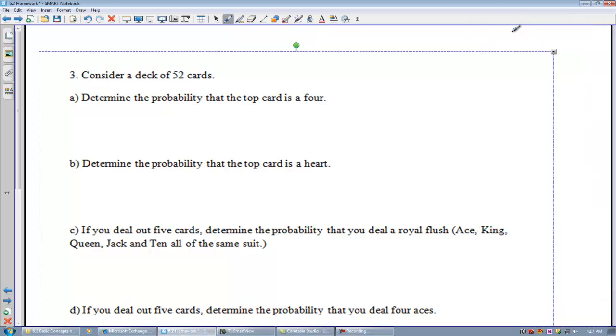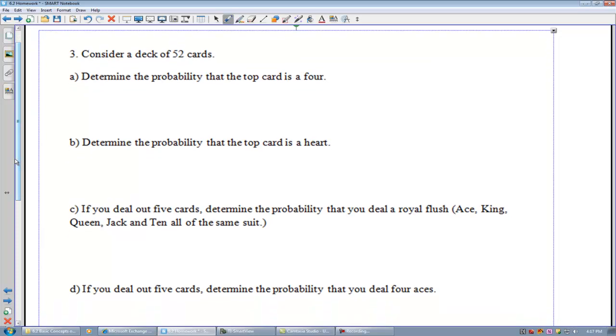On the next page, we want to consider a 52 card deck, and we're going to determine the probability that a card is a 4. We have 52 cards, and how many things do we have in our event space?